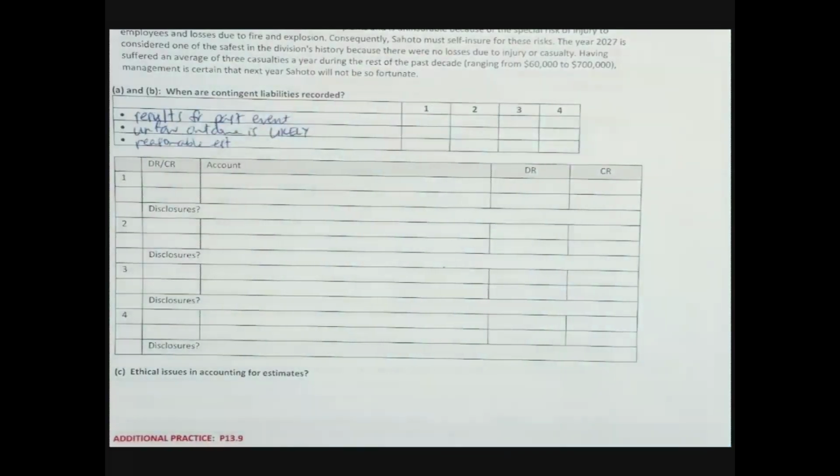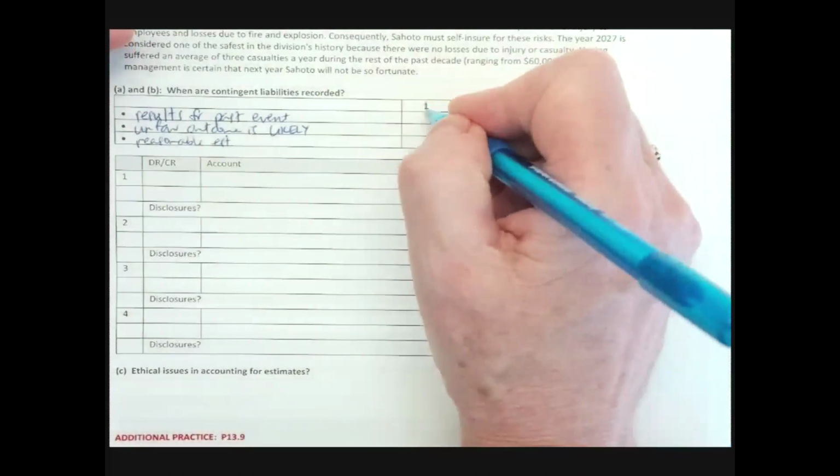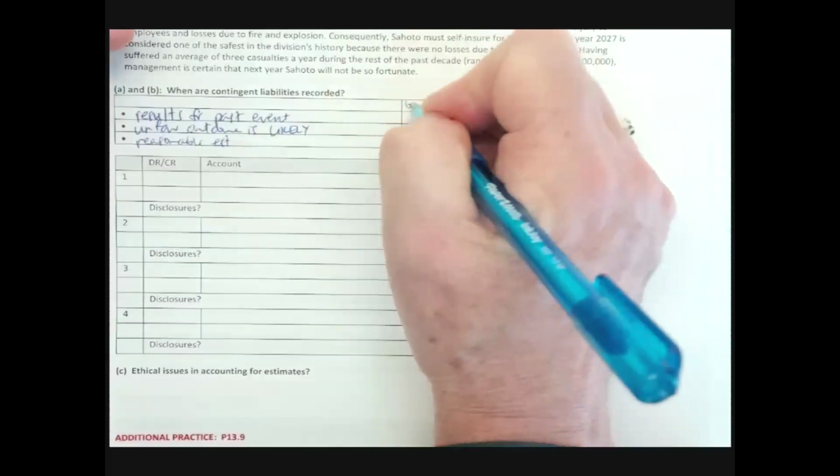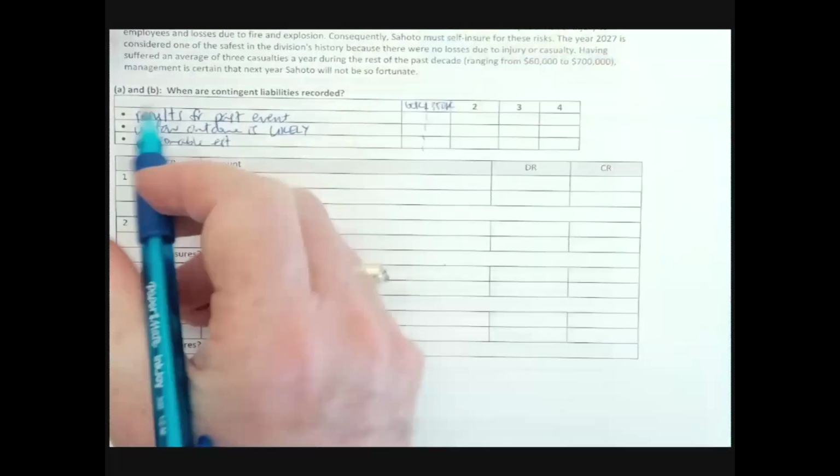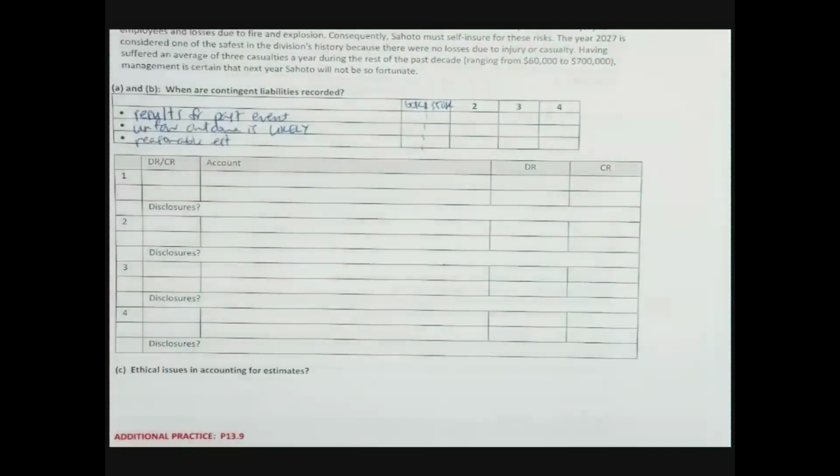It's an and condition. If you don't have all three, then you don't accrue a liability. Needs to be all three or no liability accrued. So let's split the first one between the 60K and the 350K. Okay, do they result from past events, these lawsuits?